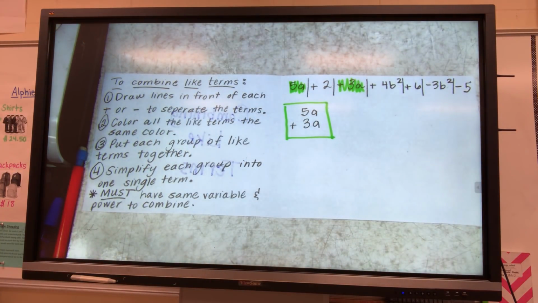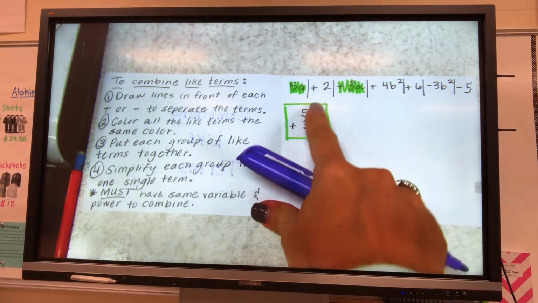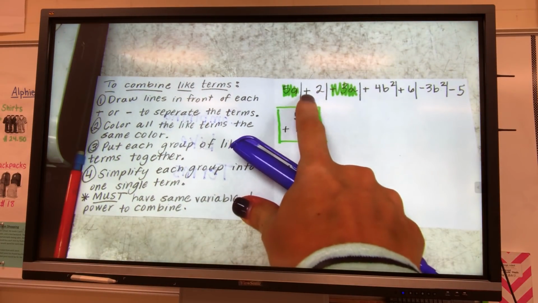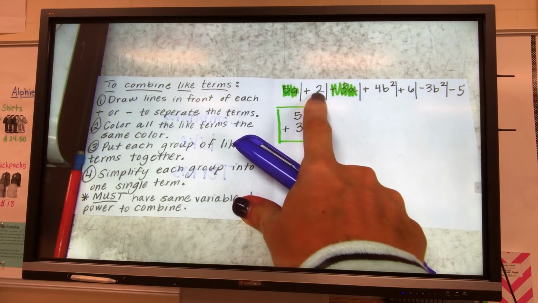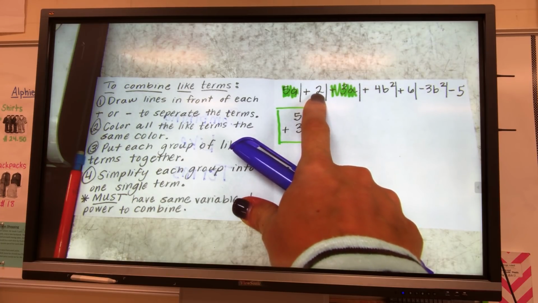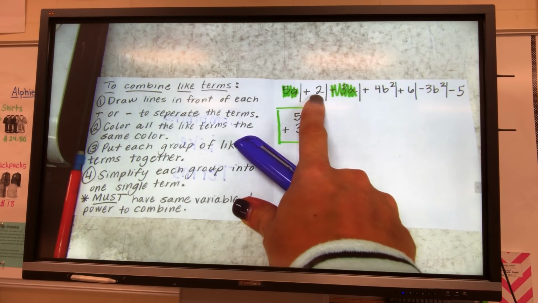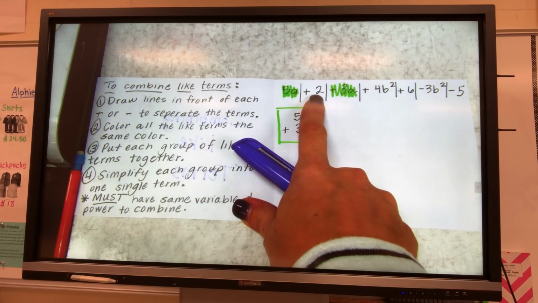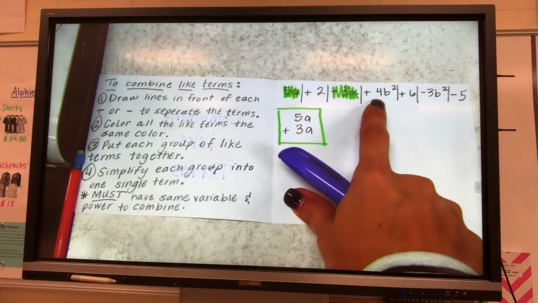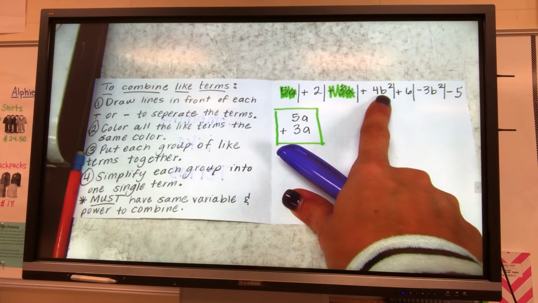Next, you need to choose a different color. The next one in my problem is a positive 2. Notice that 2 does not have a variable attached to it, so this is actually a constant. Remember, constants don't change, their values are never different. So I have to look for another constant that doesn't have a last name. This one has a last name of b squared.